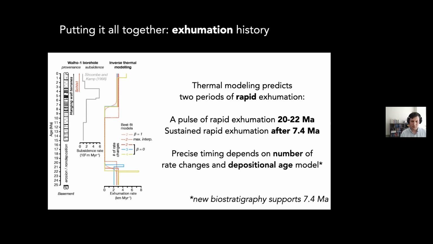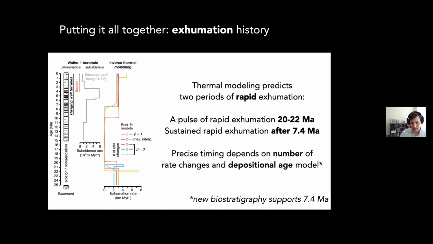And really the results are pretty robust and don't depend so much on that, but there are some slight differences for a period of early exhumation in the early Miocene. So for the red, blue, and yellow lines, these all reflect either 2, 3, or 4 rate changes. There is a consistent change in rate at 7.4 million years. And then there was also a period of rapid exhumation in the early Miocene between 20 to approximately 22 million years that may be a pulse of exhumation.